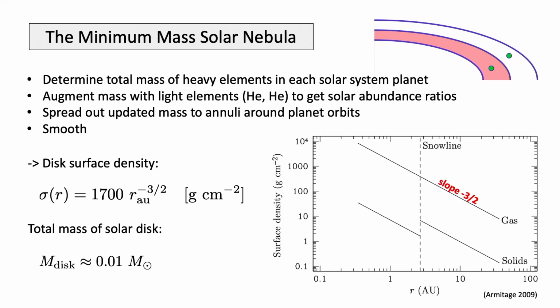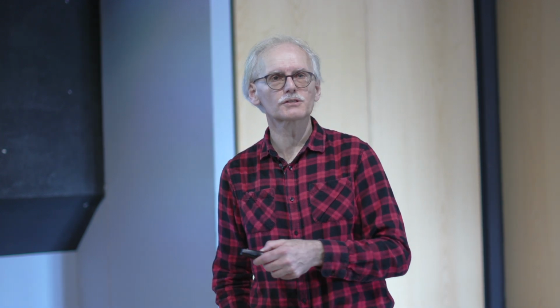But this is what you find for the minimum mass solar nebula, and you can integrate this distribution from the inner radius to the outer radius, and you find a total disk mass that our protoplanetary disk must have had initially of 0.01 solar masses. Of course, that's needed anyway to form our planets. We need to have enough mass, especially to form Jupiter and Saturn, for example. So that's what we can find out just by simple analysis.